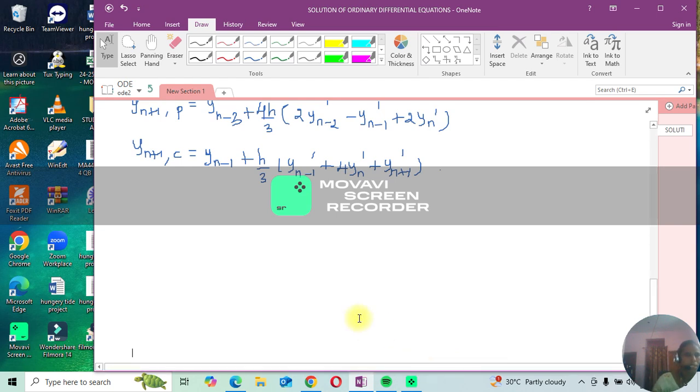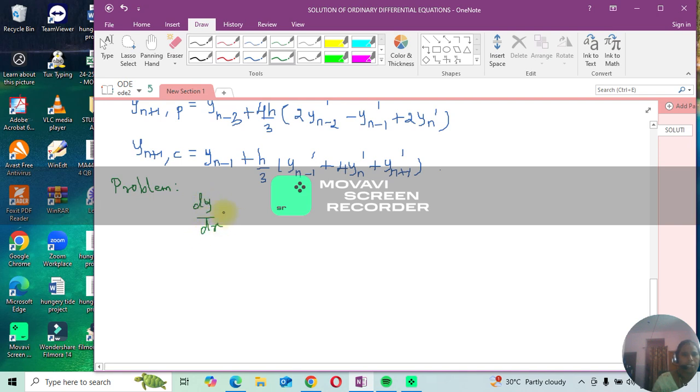So now we see the problem. I consider the differential equation dy by dx, or it may be represented by y dash.